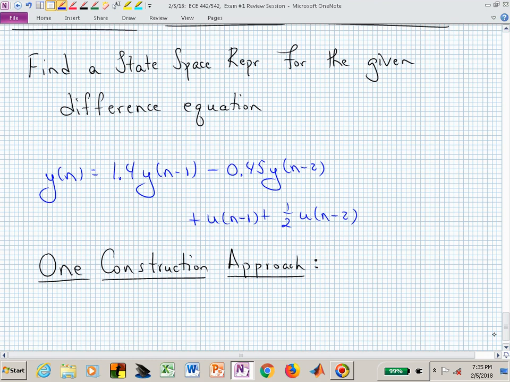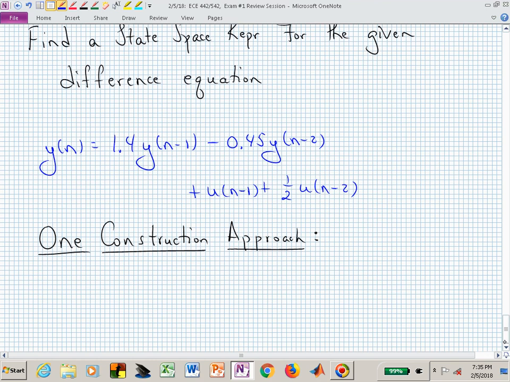Let's look at one construction approach. In this particular approach, I'm going to assume that I have access to y, the output at time n, and the input u of n at time n. Those are available.